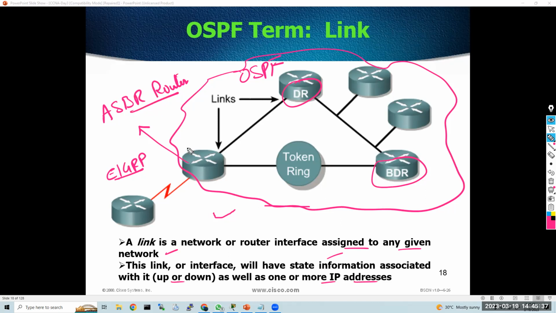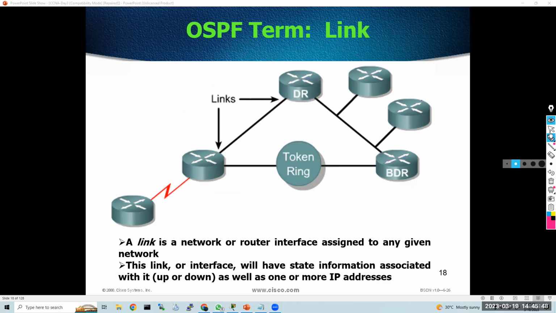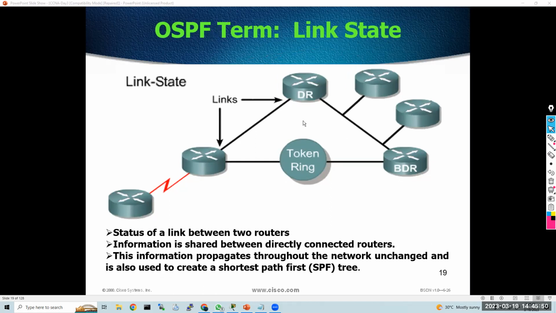Remember, guys, a router connected to another routing protocol we call ASBR. In the coming slides we can see it also. One more point here, I want to tell you.